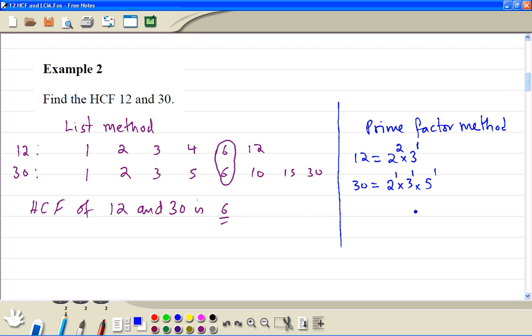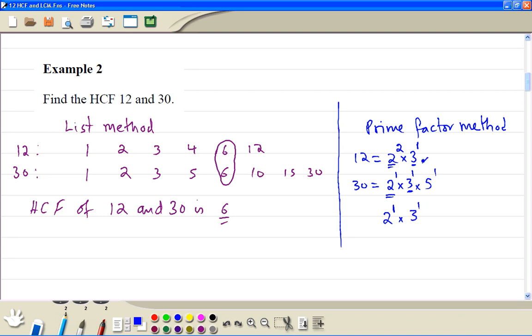And when we look for the highest common factor, we have to compare the powers of 2. Now we're going to choose the lowest one. So the lowest is 2 to the power 1. Then we compare 3. Again we choose the lowest, so lowest is 3 to the power 1.